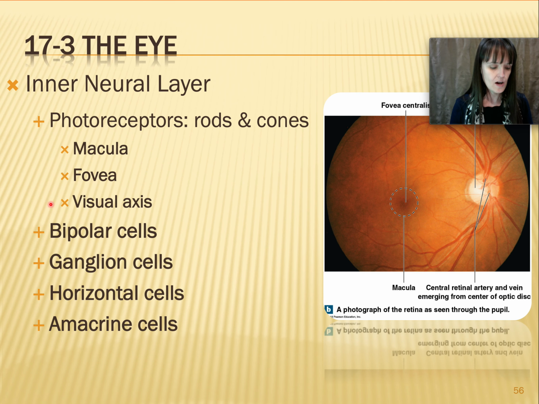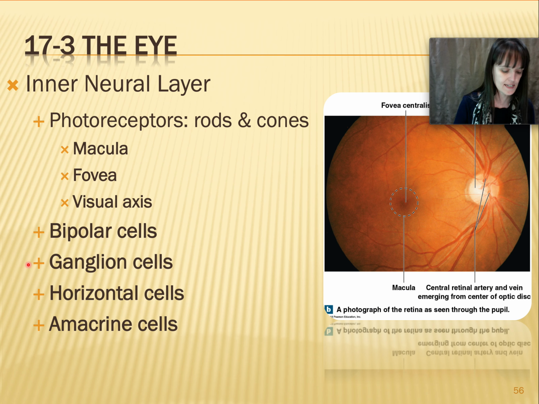All the rods and cones receptor cells synapse with bipolar cells. The rods and cones are photoreceptors, they're receptor cells, whereas the bipolar cells are sensory neurons. And they synapse with a second layer of sensory neurons called ganglion cells. Every time we have neuron somas in the PNS, they are called a ganglion, and so you have a thin layer of those ganglion cells.